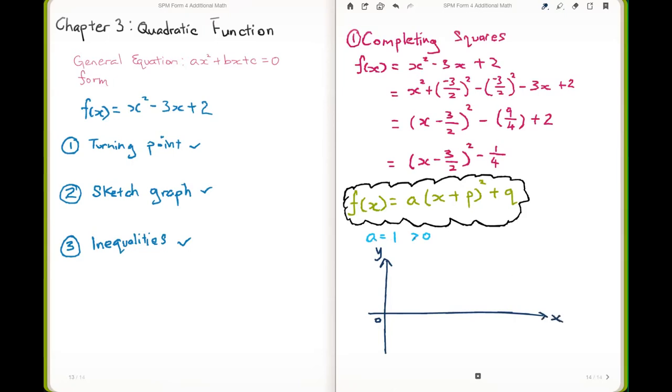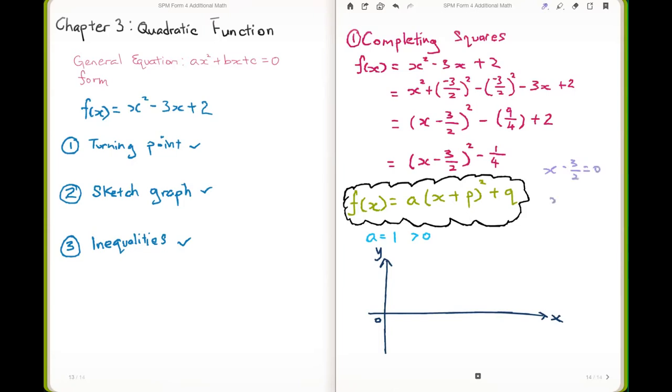The a is more than 1, I know it's a U-curve. And the turning point should be, if I equate this whole term equals to 0, I equate x minus 3 over 2 is equal to 0.